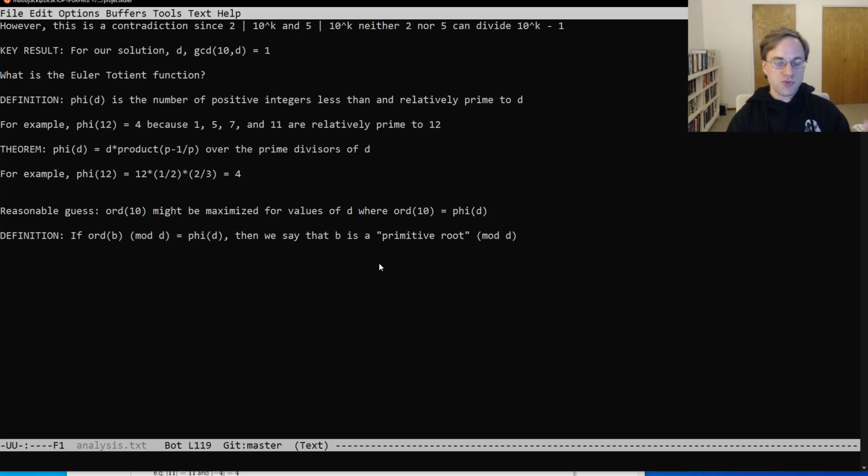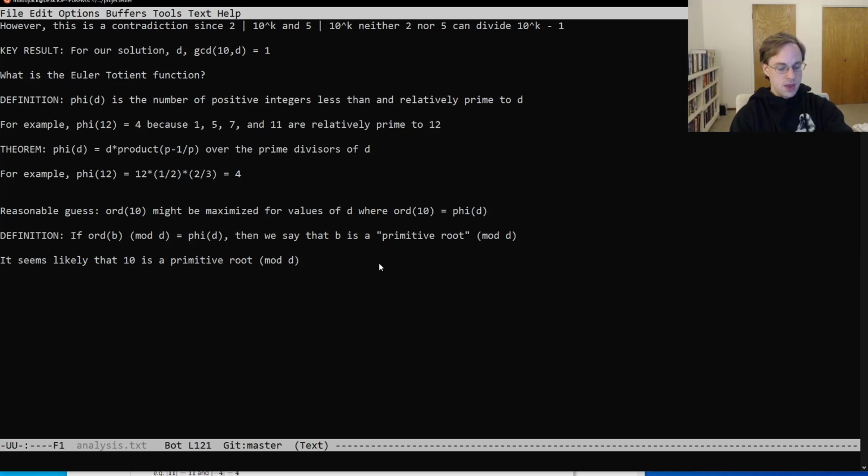And so translating our reasonable guess into this new language, it seems likely that 10 is a primitive root mod D, where D is our solution.